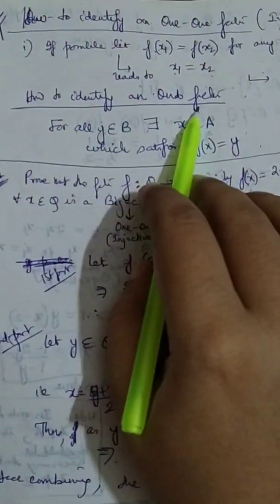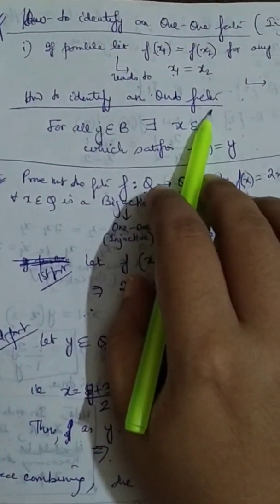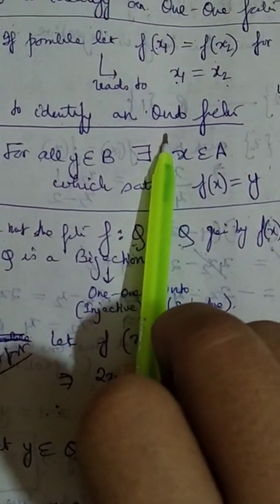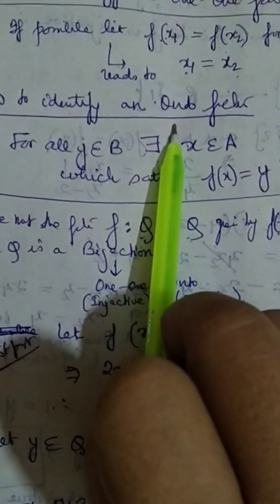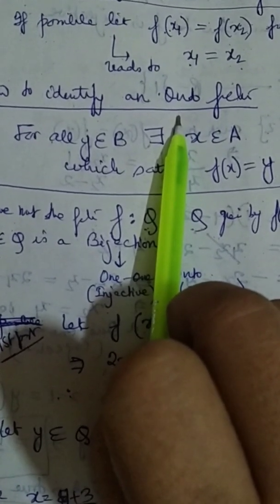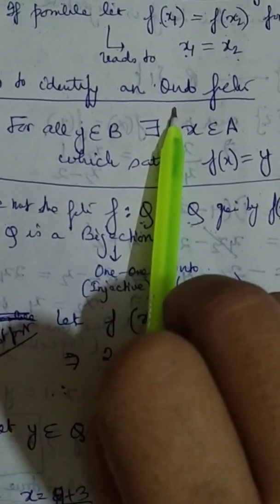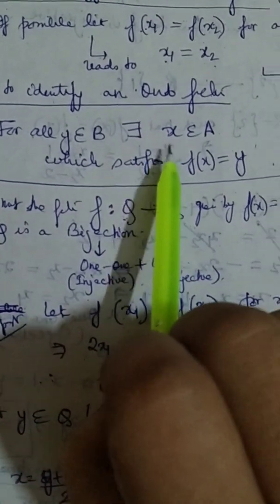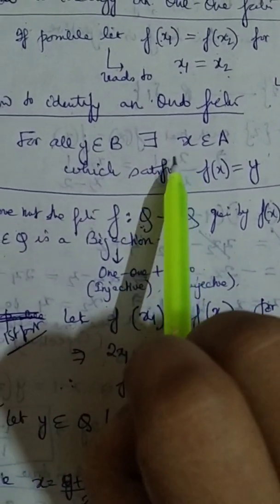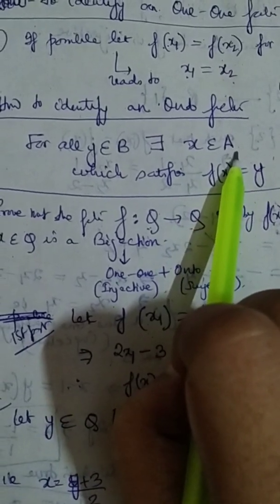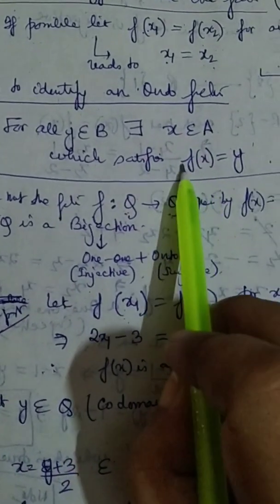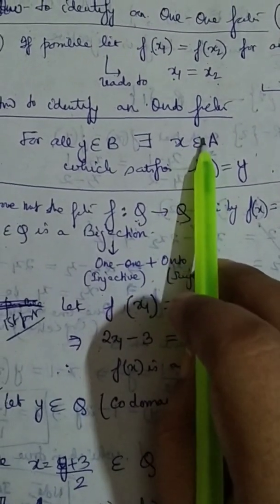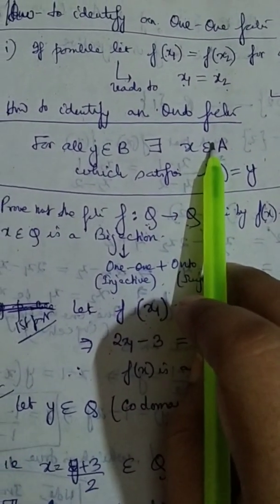So this is the principle behind identifying an onto function. If you remember, for an onto function, range is equal to codomain, isn't it? So there should not be any value of y which does not have any value of x in the domain. If I get a situation where there is no value of x belonging to the domain, or if I solve this equation and get a value of x which does not belong to the domain, then my conclusion will be it is not an onto function.